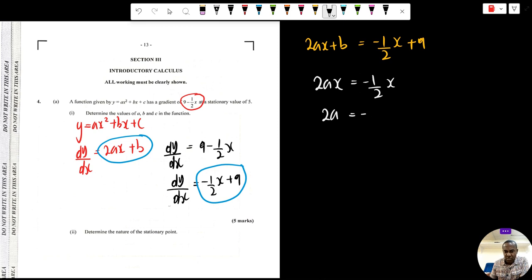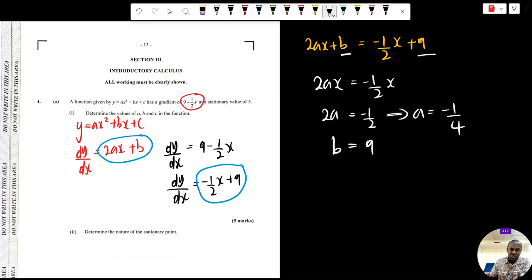So 2a is equal to negative a half, and this implies that a is equal to minus a quarter. All right, so we managed to find the value of a, and if we also compare the constants b and 9, then you should see that the value of b is equal to 9. So by equating the gradient functions, we've managed to find the value of a and the value of b. Now what about c?